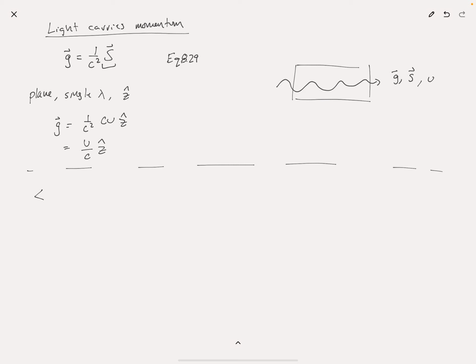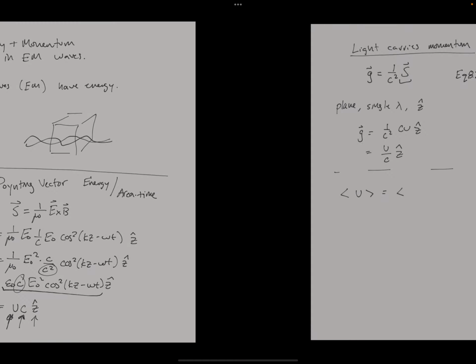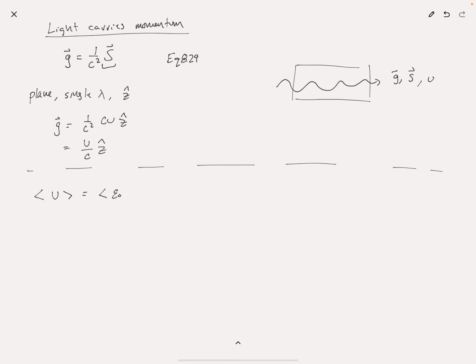I take the average energy. So I need to take the average of U, which is epsilon naught E0 squared cosine squared of kz minus omega t. All right, this is a constant, this is a constant.